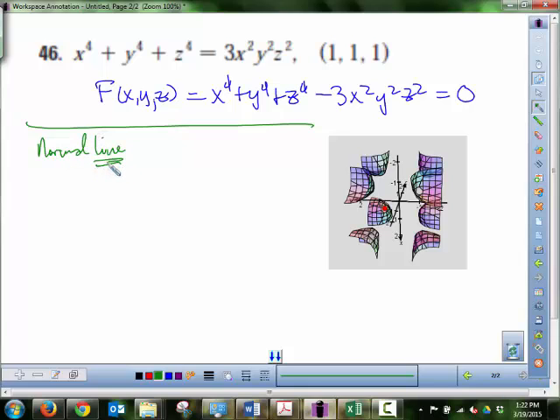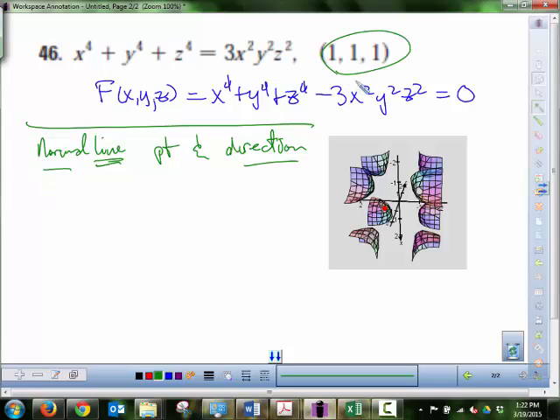The key word here is we want a line. We want a point and direction. And if this is the normal line, the direction will be the normal vector. We have the point. Now we need the normal vector.